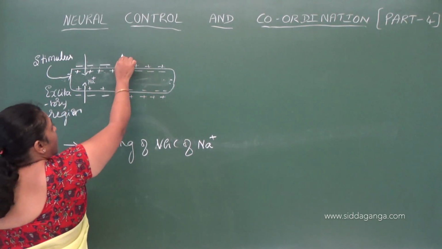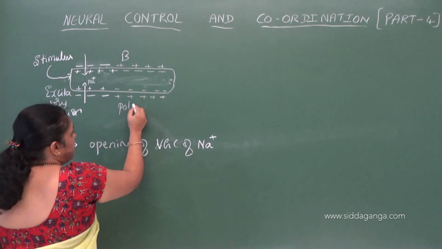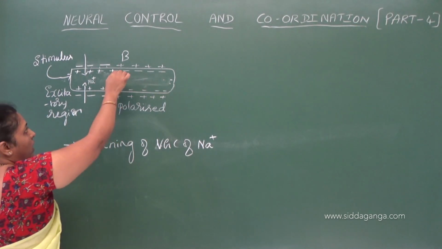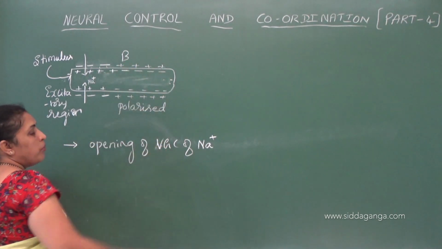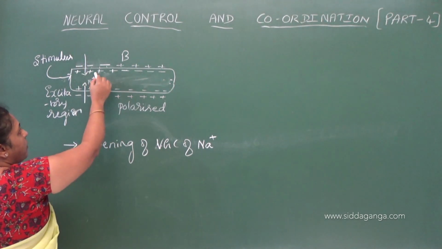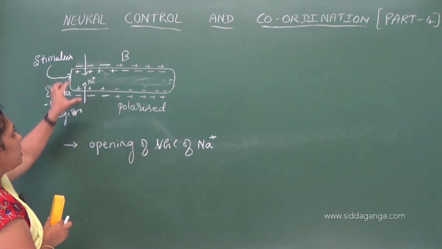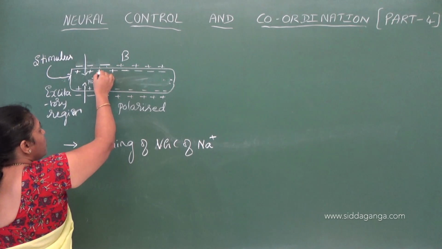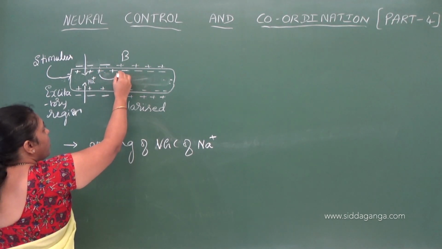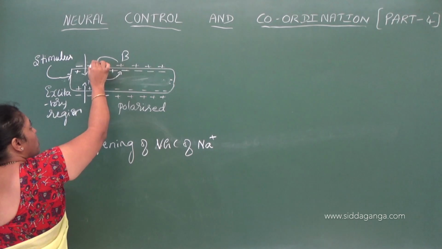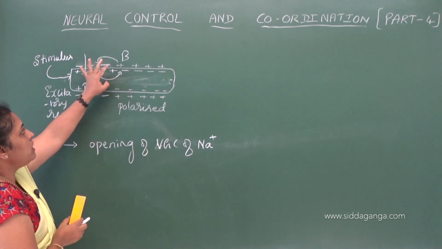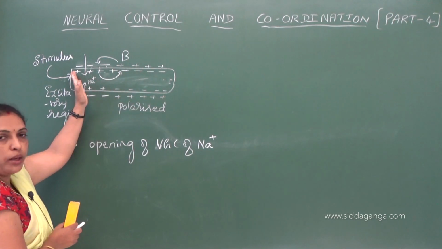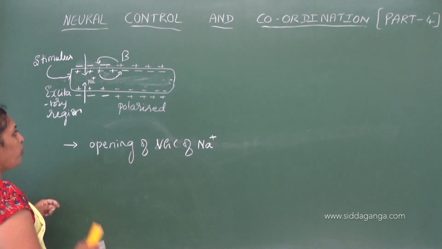But adjacent area B will be in a polarized state only. B will be in a polarized state. Therefore inner negative charge, outer positive charge. When stimulus is applied, in the excitatory region we see reversal of polarity. So then a mini current circuit or electric circuit develops from A to B and B to A. Once it completes, the stimulus will shift to B region and A will become repolarized state.